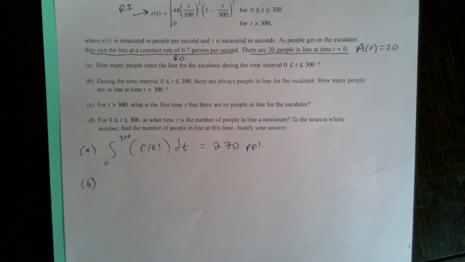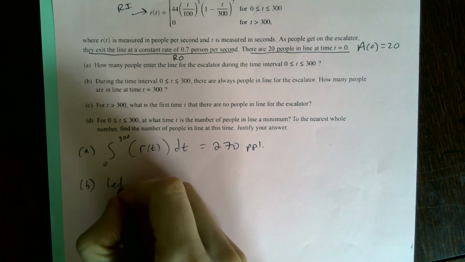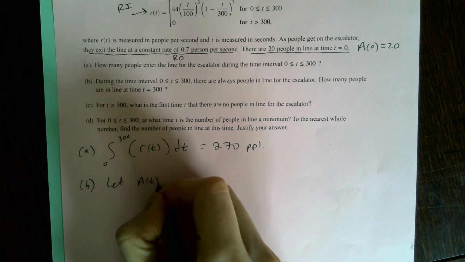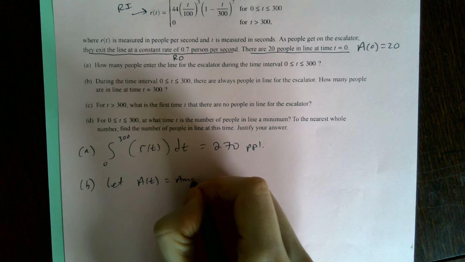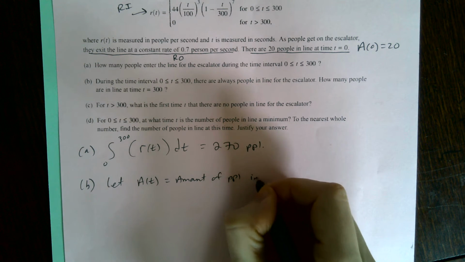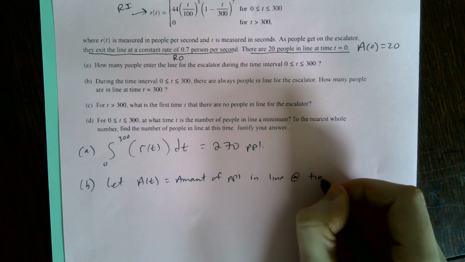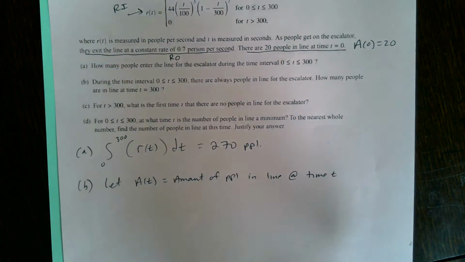Okay, now part B. During the time interval 0 to 300, there are always people in line for the escalator. How many people are in line at time t equals 300? So I'm going to let A of t be the amount of people in line at time t.